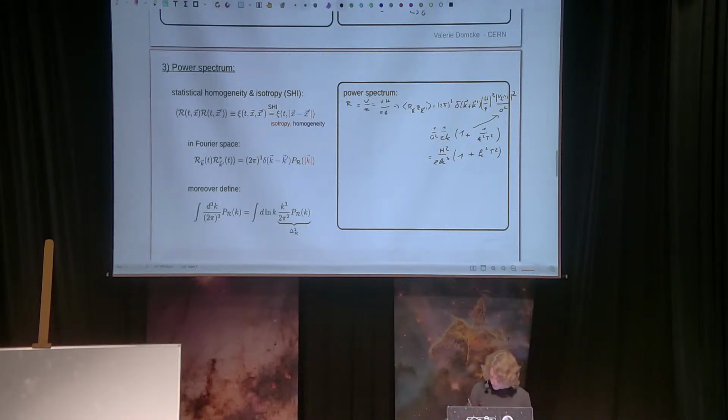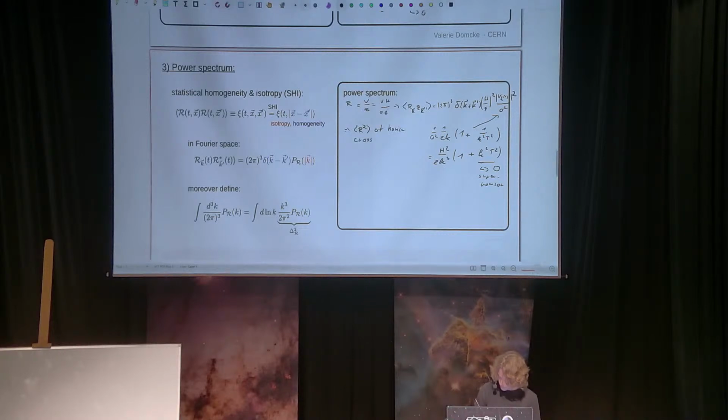And now the statement is that on superhorizon scales, this goes to 0 by definition. So on superhorizon scales, this will go away. Remember that H is constant. So again, on superhorizon scales, the Mukhanov variable is constant. On superhorizon scales, also the scalar power spectrum for R is constant. Which means that what we need to compute is this R squared at horizon crossing.